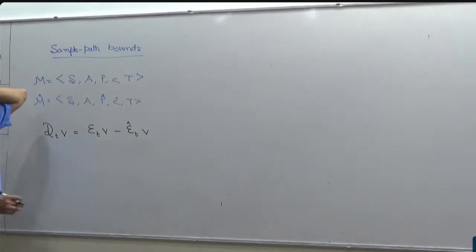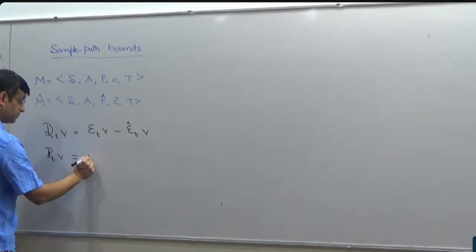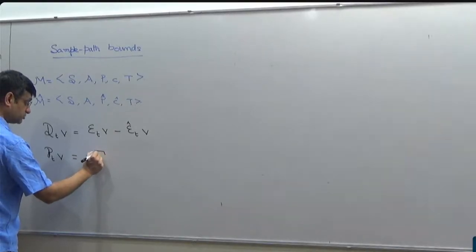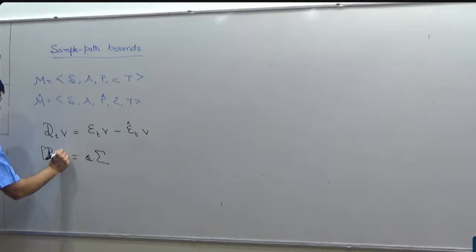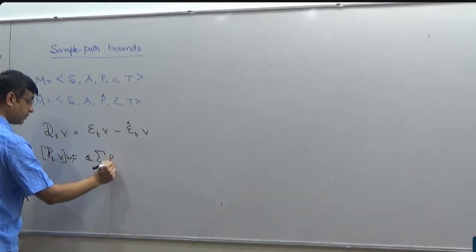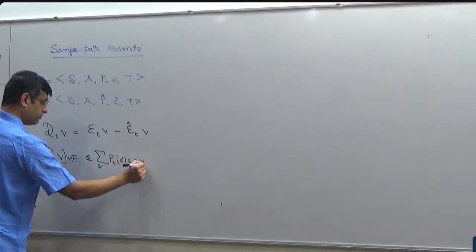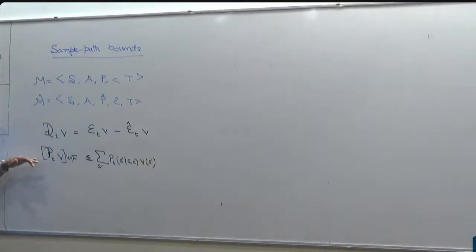And for that, notationally, recall the definition of our operator script P_t, where P_t of v gives me a Q function, which evaluated at some S and A is the summation over S prime of P_t of S prime given S, A times v of S prime. So, this was my linear operator, which takes a value function and gives me a Q function.